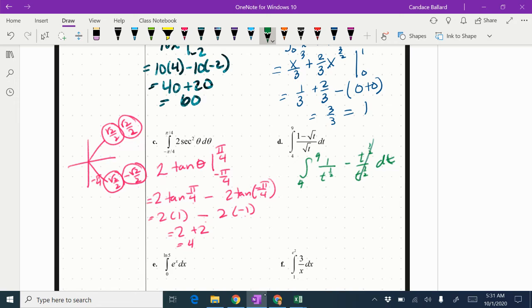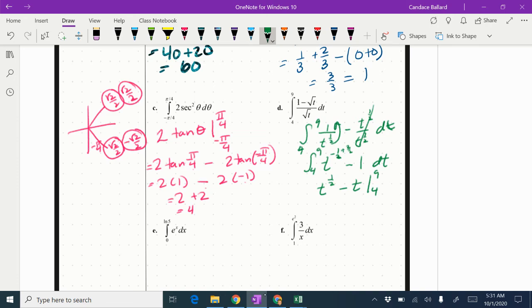I know that this is just 1, and then this I need to bring upstairs with a negative exponent. So t to the -1/2 from 4 to 9. Then we're going to add 1, so add 2/2. So we've got t to the 1/2 minus t from 4 to 9.